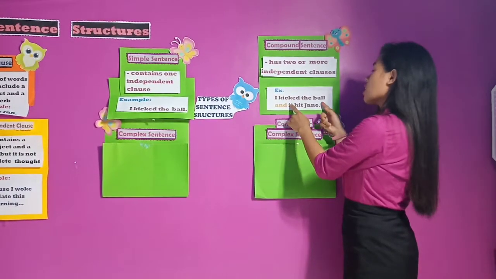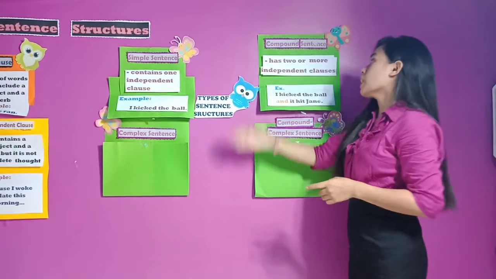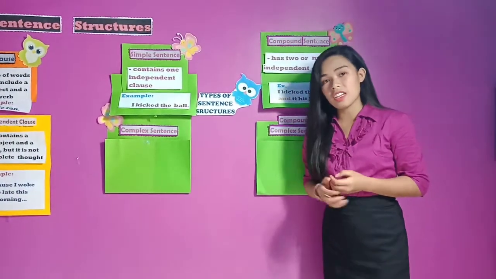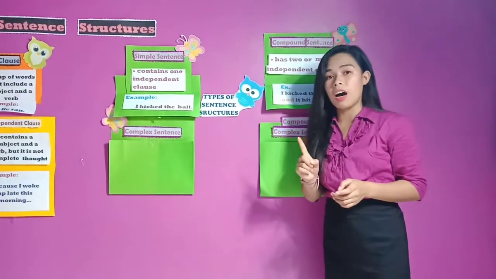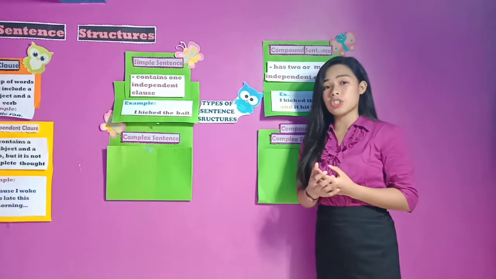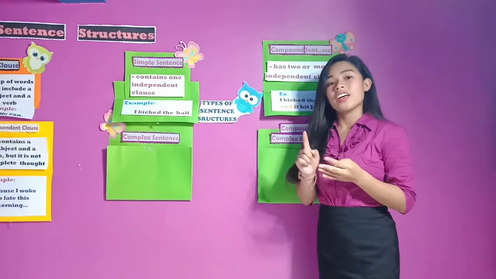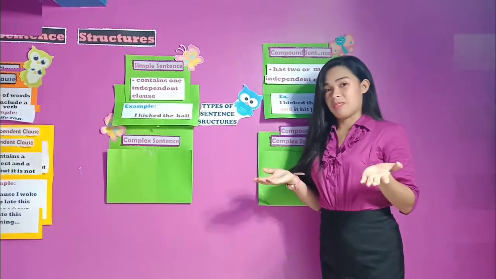In a compound sentence, the main clauses are connected by either a comma or a conjunction. For example, these conjunctions are and, or, so, yet, but, for, and etc.